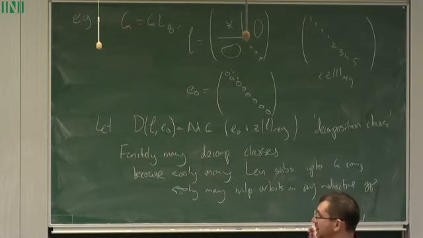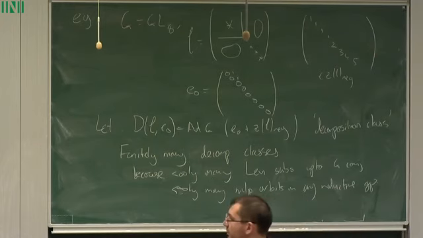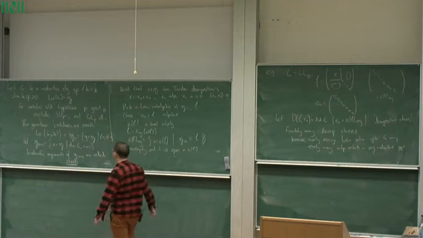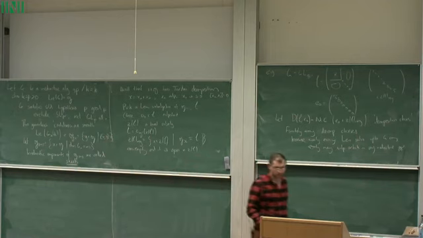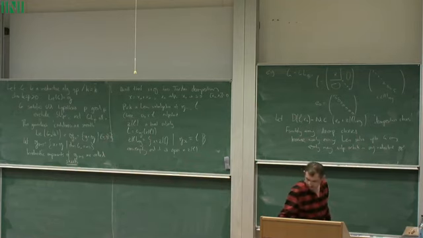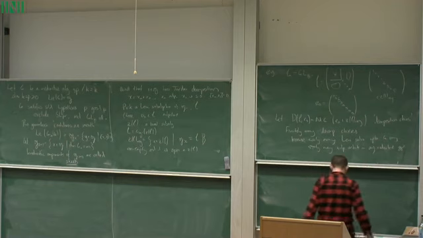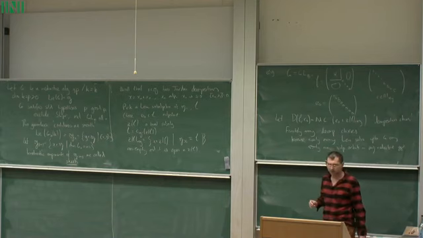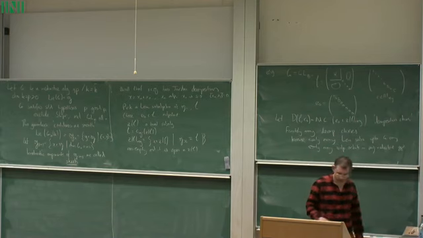In good characteristic, it's a theorem of Richardson, which I think appears in the same paper that he proves this result as well. But I think it would be nice to have a more systematic proof in general.